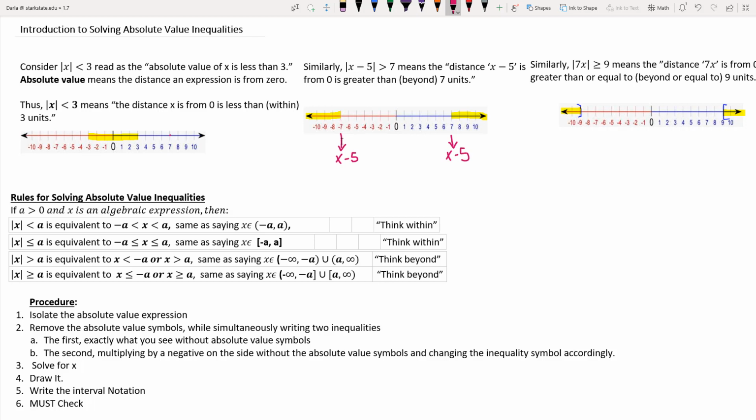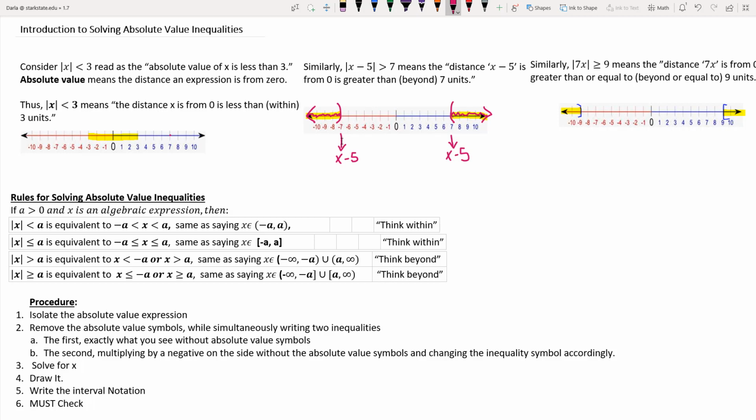But we're saying we're more than that, so we're more than 7 units away from 0. So we wouldn't actually hit that -7, and we wouldn't actually hit that 7, but we'd be further away from 0. So further away would be to the left of -7, and further away would be to the right of +7. And that would represent our solution at the end of the day.